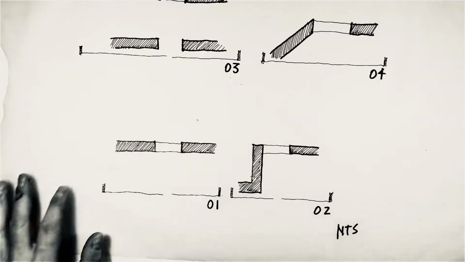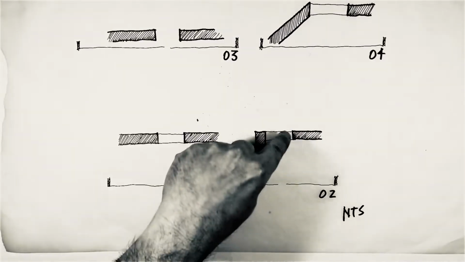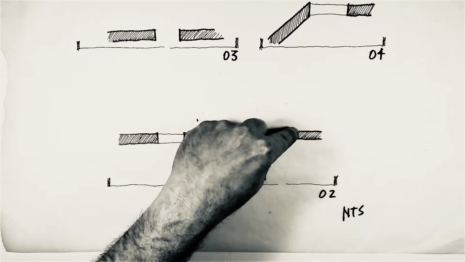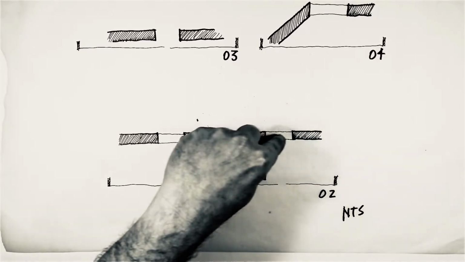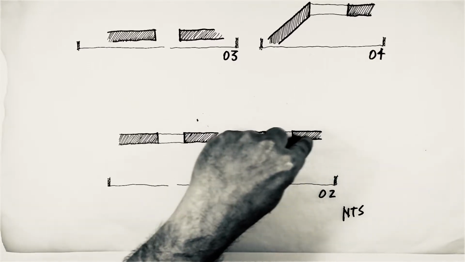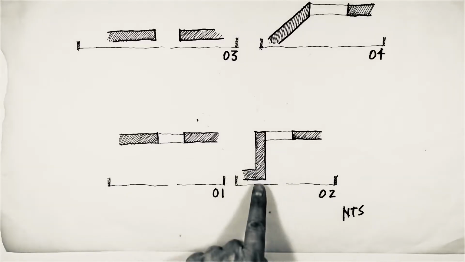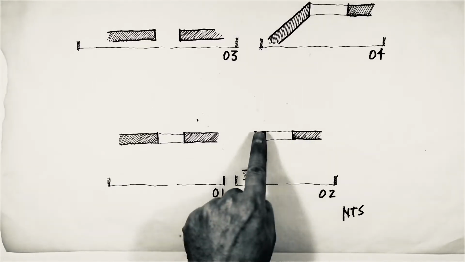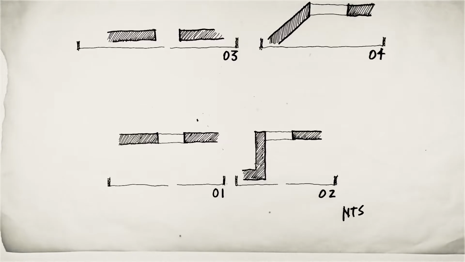So let's look at this second condition, where the aperture is embedded in this wall, and then there's another wall that comes in, so there's a corner there, maybe a 90-degree corner, and that aperture comes right up to that corner.